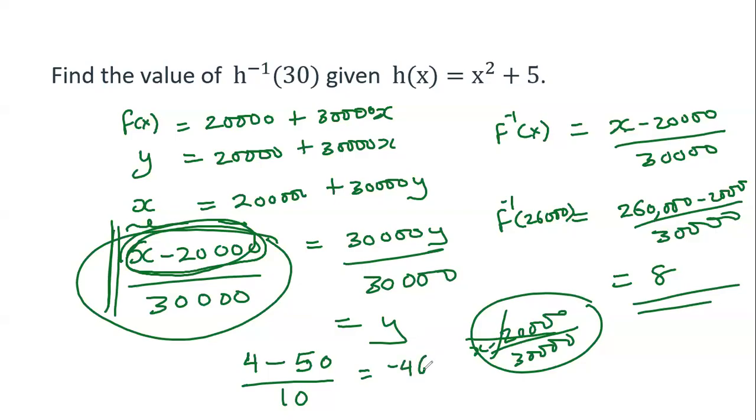Negative 46, divided by 10. And what do you get? You get negative 4.6. So also here, that's the same thing. Okay, sir. Thank you.